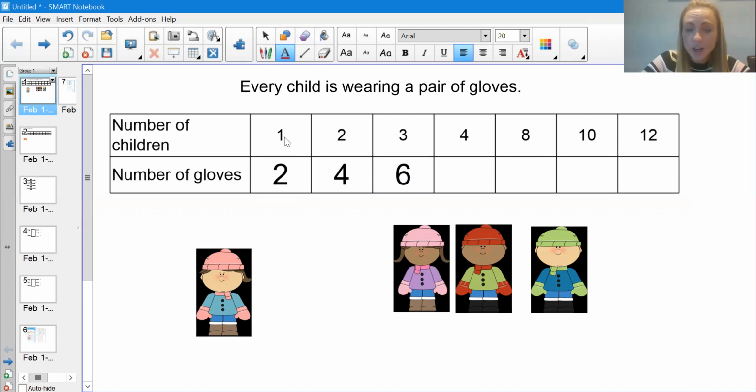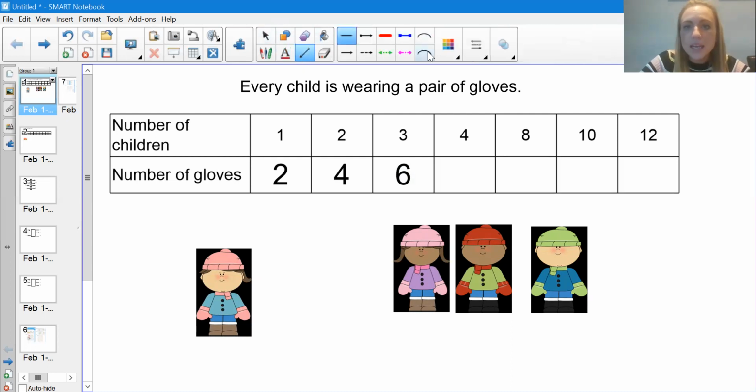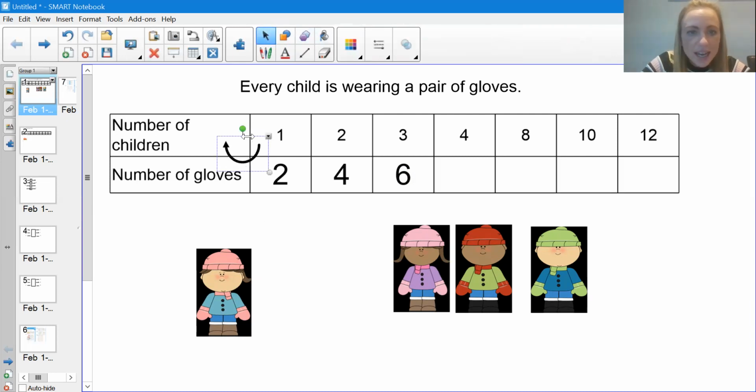So if I have 1 child, there are 2 gloves. If I have 2 children, there are 4 gloves. And if there are 3 children, there are 6 gloves. So my rule here, the rule that I will follow is that, let me just see if I can sort this arrow out. There we go. So my rule here is that I am going to be multiplying by 2.